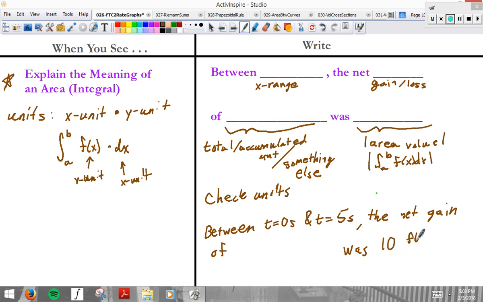And if it was a velocity graph before, it'd be feet per second times seconds. That's from the unit analysis. And I would cross out the seconds. They cancel out. So I would have 10 feet.